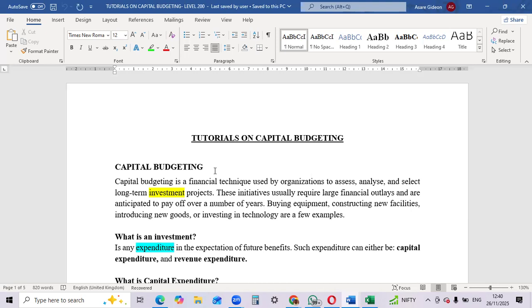And then after considering that, we are also going to compare the cash inflows that are going to flow to the entity into the foreseeable future. So you are going to set the cash inflows that will come to the organization against the initial outlay or the initial cost.